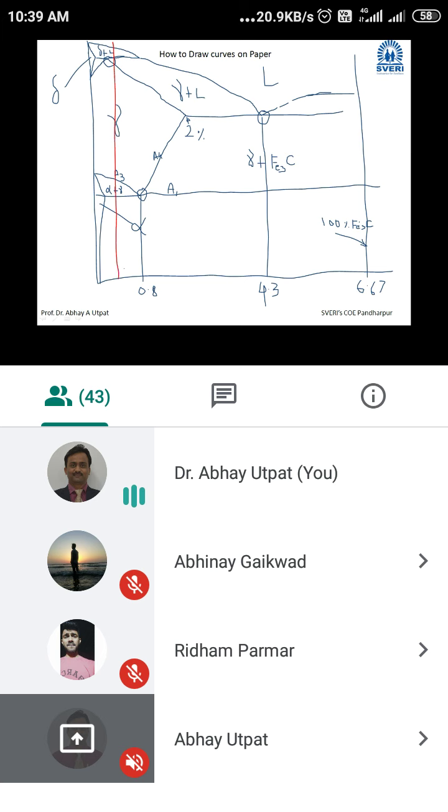At room temperature, this point is 100% alpha. I have given a red dot. This is 100% cementite. In between, there is alpha plus Fe3C. Now I am drawing one straight line.